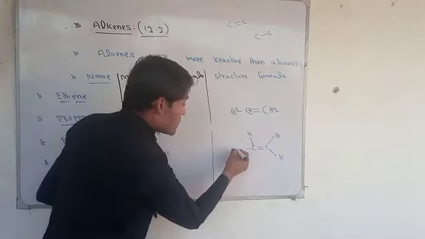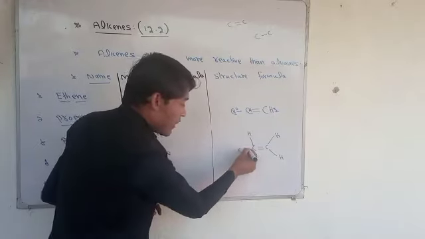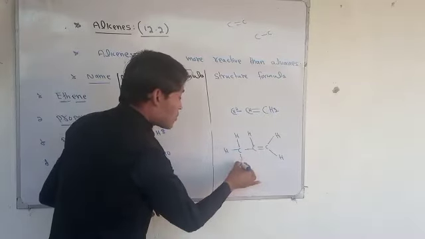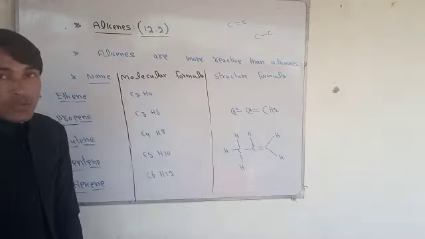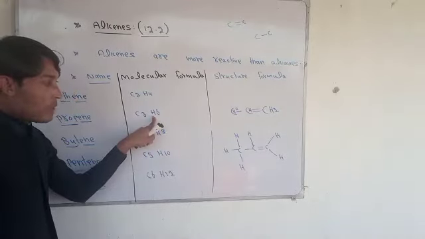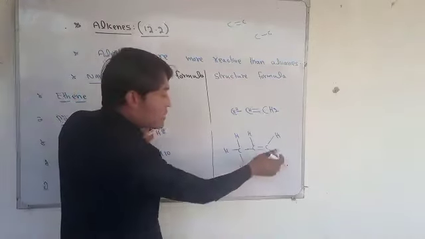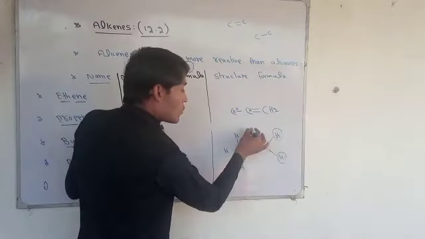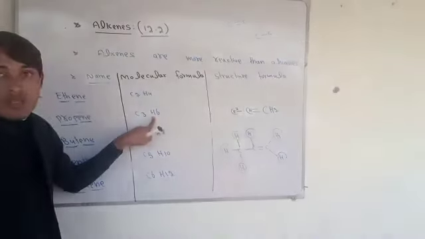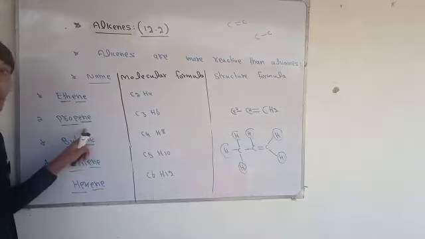It shares 1 with it, and also 1 and also 1 and also 1. So now how many hydrogens have we attached? We need 3 H for the carbon. So first I attach carbon 1, 2, 3, 4 and 5 and 6. So this is the structure formula for propene.